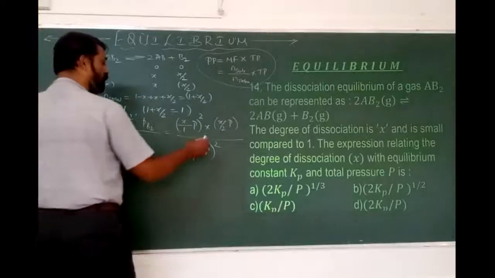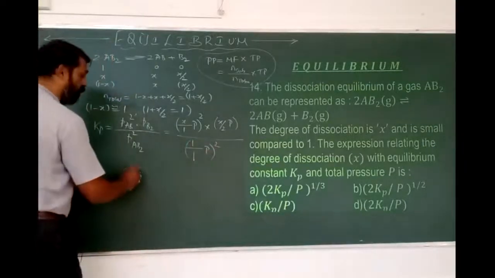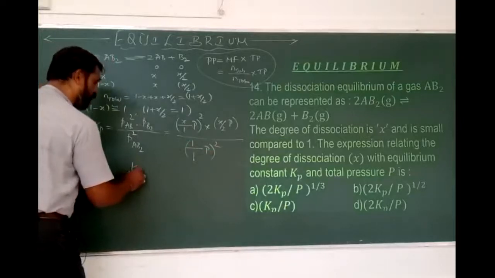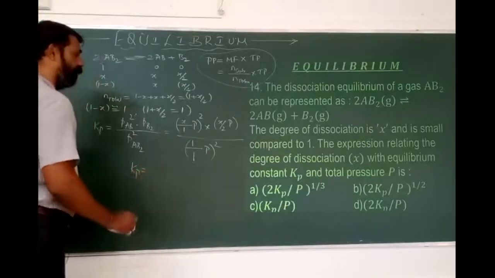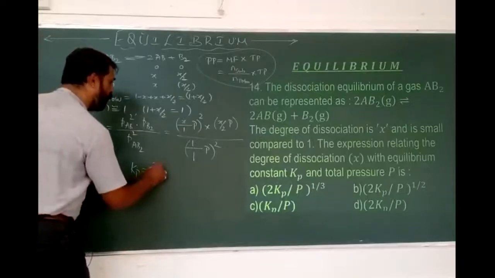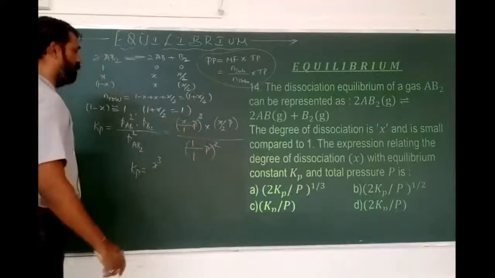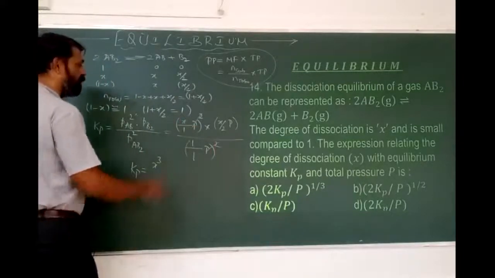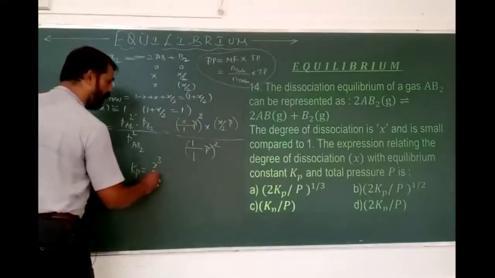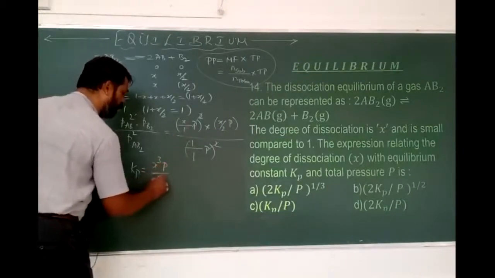On simplification, we will get the final answer in the form of Kp is equal to x cube, p square cancels here. Now I am left with only x cube divided by x cube p along with 2 also.